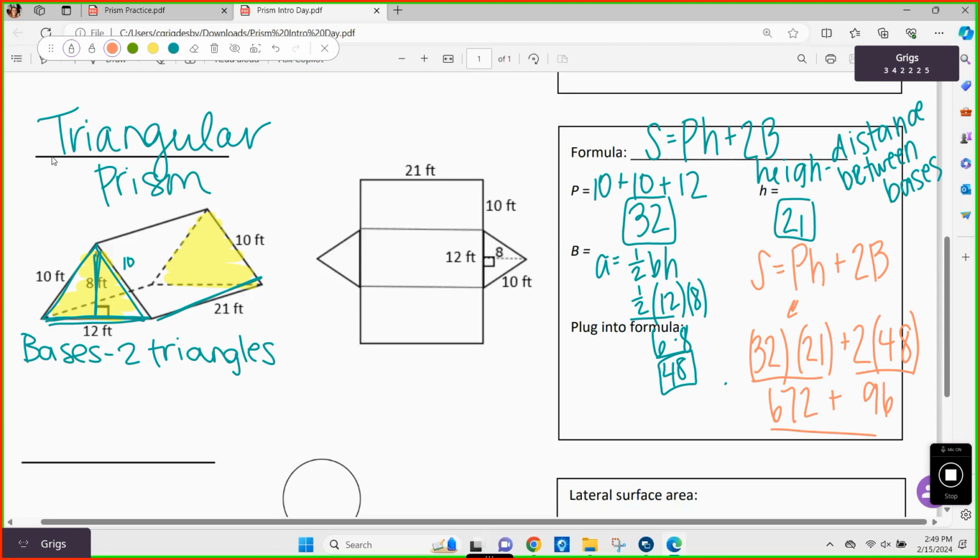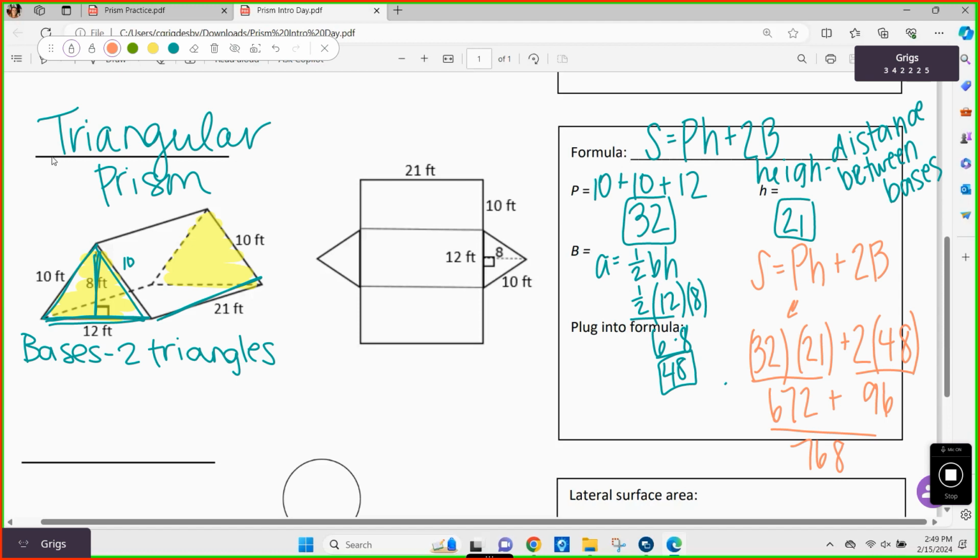Now 672 plus 96. Hold it up when you have it. 768.